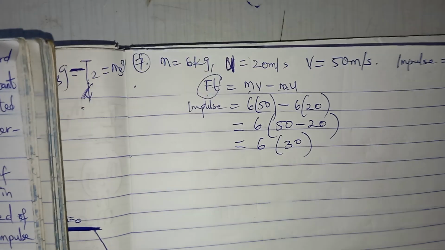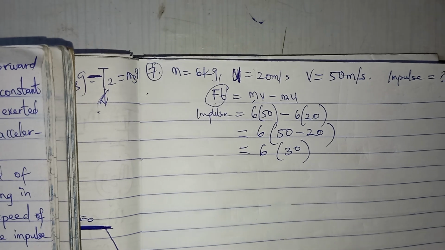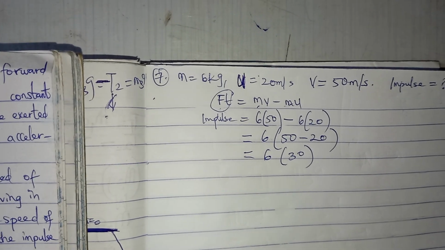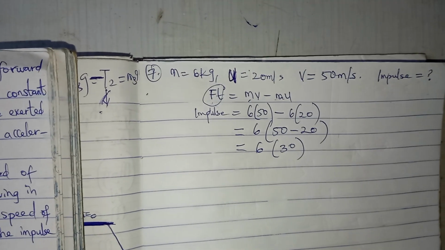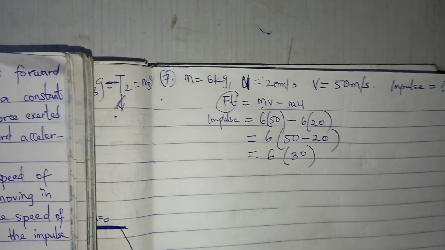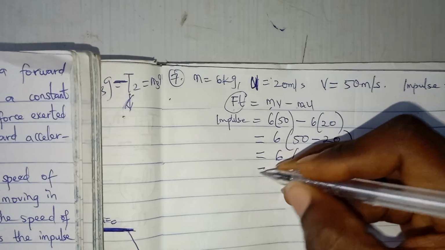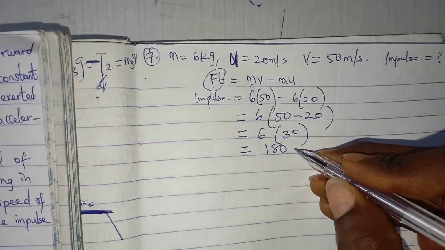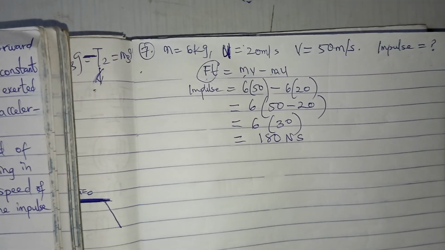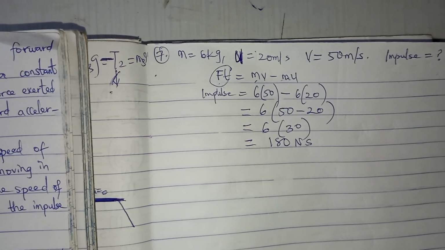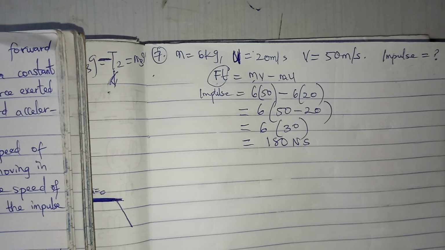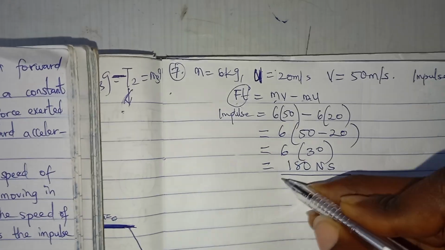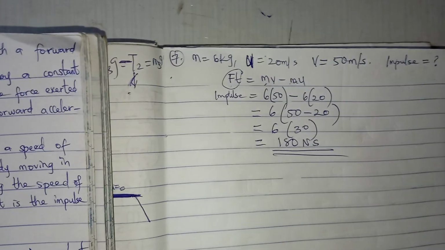So that when you do this, you see that you have around 180, and the impulse is going to be in Newton seconds. Yes, so we are correct. So let's move to the next question.